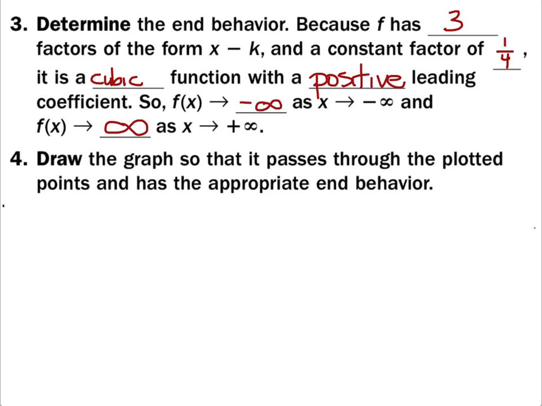Now, I want to go back to the fact that it says f has 3 factors. If you look at the given function f, it looks like it might only have 2 factors.